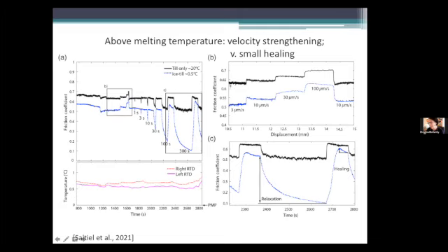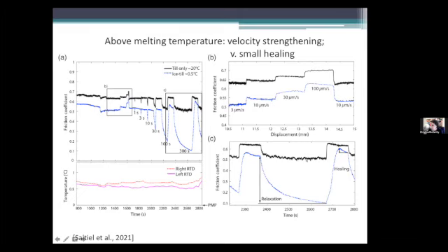In both cases at these warm temperatures, we don't have the velocity step analysis itself, but you can see very obviously that with increasing velocity, you have increasing friction. So that's the velocity strengthening behavior.